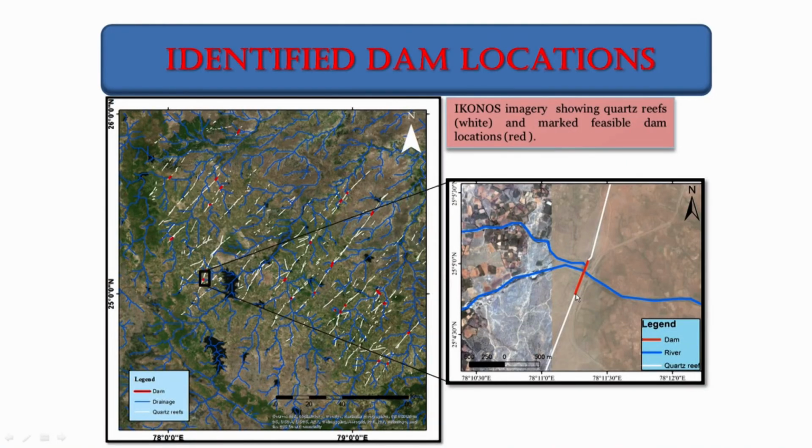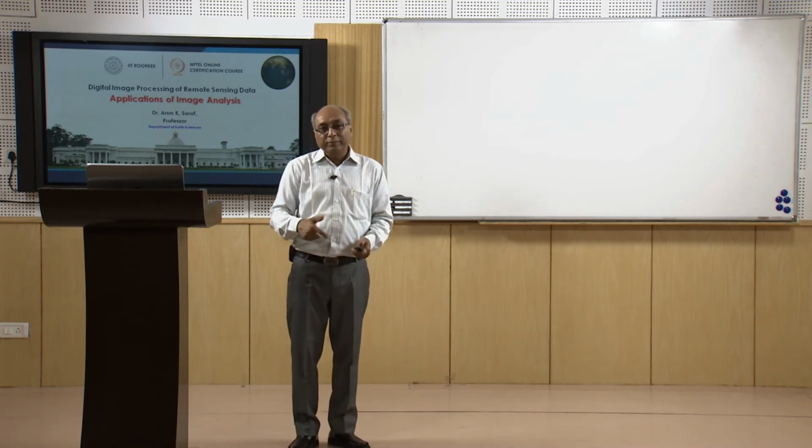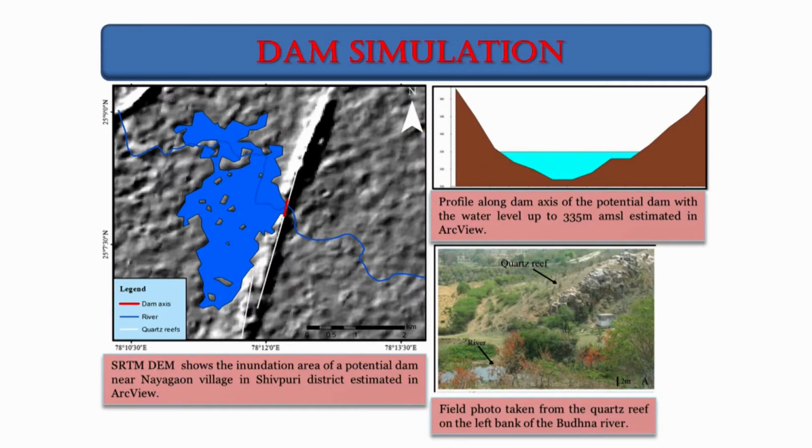But using images and a digital elevation model on a GIS platform, we can simulate a dam. Not only that, we can decide the height of the dam, the axis of the dam, the length of the axis, and then calculate what the submerged area is going to be. This is what is done here: the quartz reef is taken as a dam axis, the breach part was blocked, assuming there is going to be a reservoir.